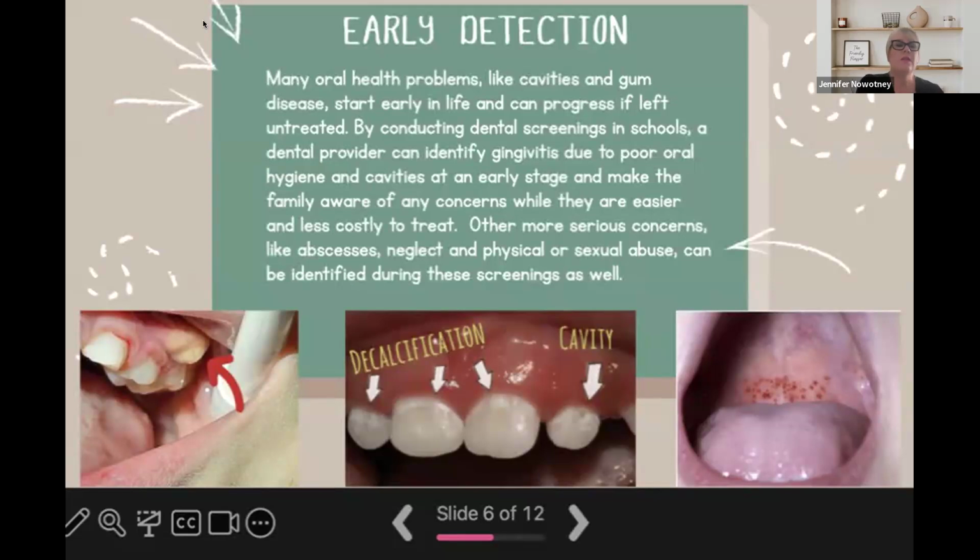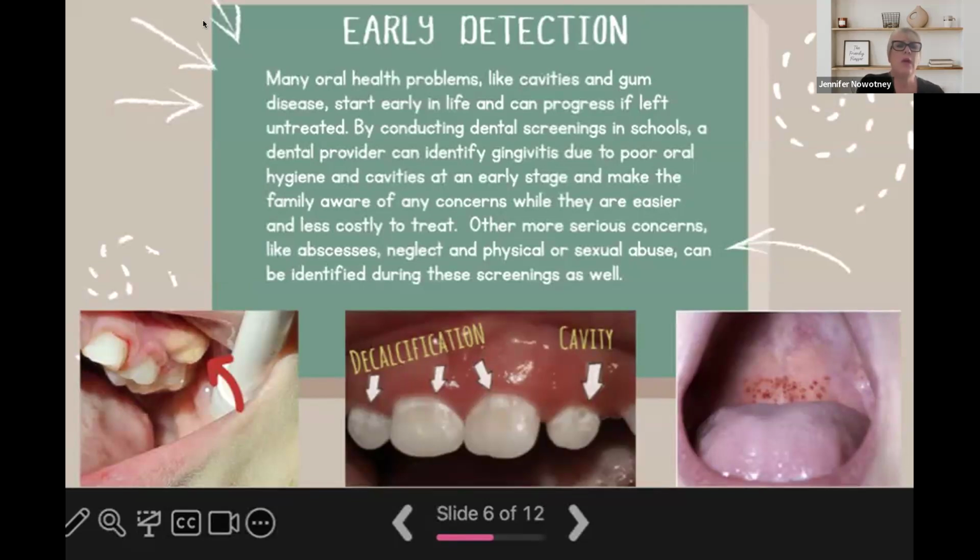That's not a tooth that's coming in. That's actually a very large abscess that we saw in one of the students at a school site. Thankfully, the parent was on site that day and was able to make an appointment to get that looked at, because that's an infection that's running through their entire system.